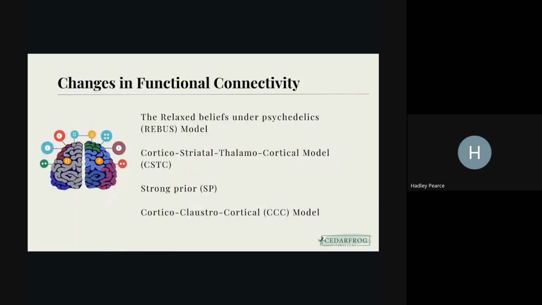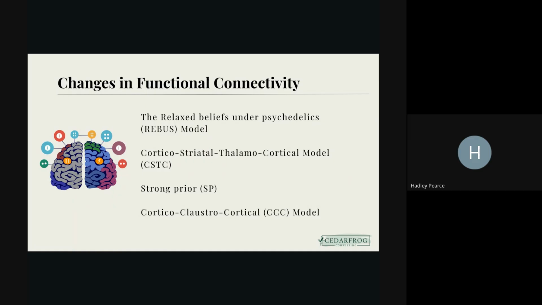There are several ideas or models for the idea of focusing on functional connectivity. These are the changes in connection of the default mode network and the brain in general, which seem to be one of the main ways that psychedelics affect the brain. There are kind of 4 primary models that suggest how this might work.